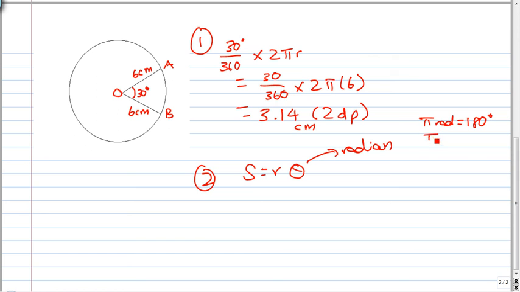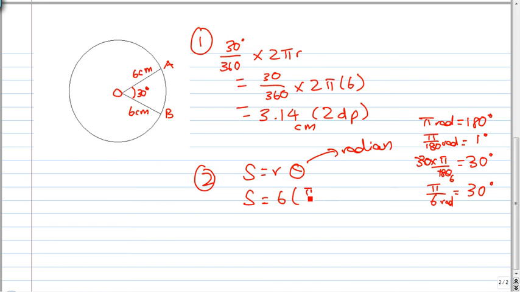Pi over 180 radian is equal to 1 degree. 30 degrees is equal to 30 times pi over 180. 30 divided by 30 is 1, 180 divided by 30 is 6, so pi over 6 radians. So S is the arc length, in this case r is 6, times pi over 6.